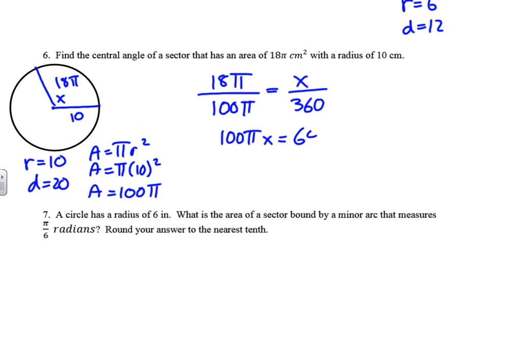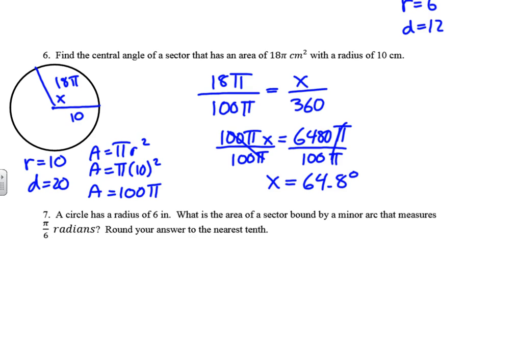So 6,480 pi. And we're going to divide that now by 100 pi. So the pi's cancel out, and when you divide by 100, it's like moving the decimal point 2 places to the left. So that would be 64.8 degrees would be the central angle that subtends that arc.